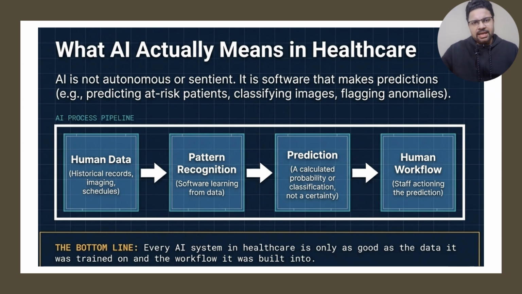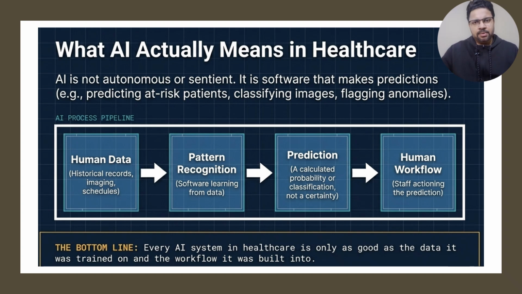So, what does AI actually mean in healthcare? AI is not autonomous or intelligent in the human sense. It is software that analyzes data, makes predictions, and at times executes tasks. The process is fairly straightforward. We start with human data, such as medical records, imaging, or operational data.